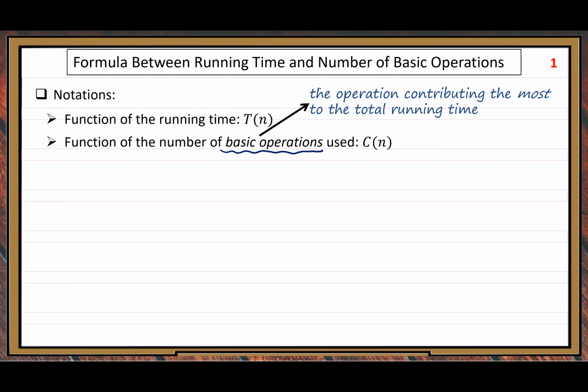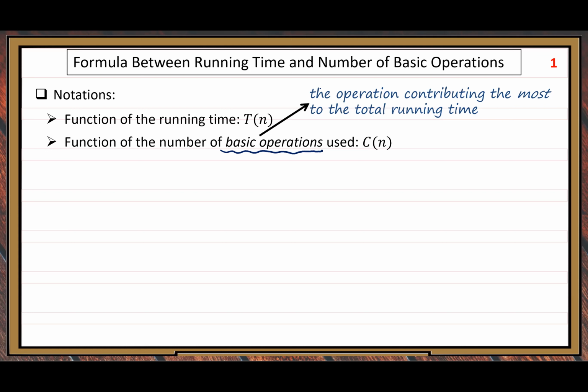For example, if we use our first computing problem, evaluate the polynomials, we have two operations, additions and multiplications. But you can see multiplications contribute the most to the total running time, right?